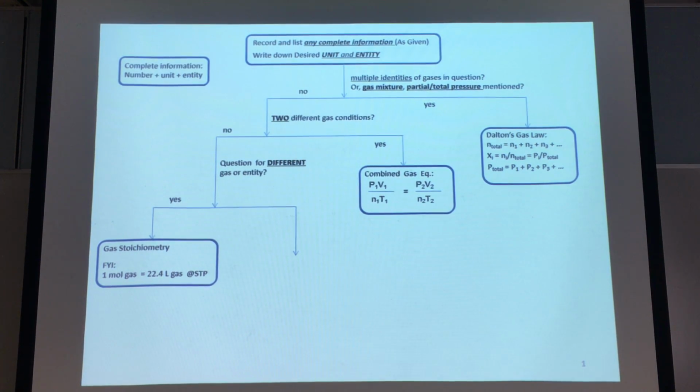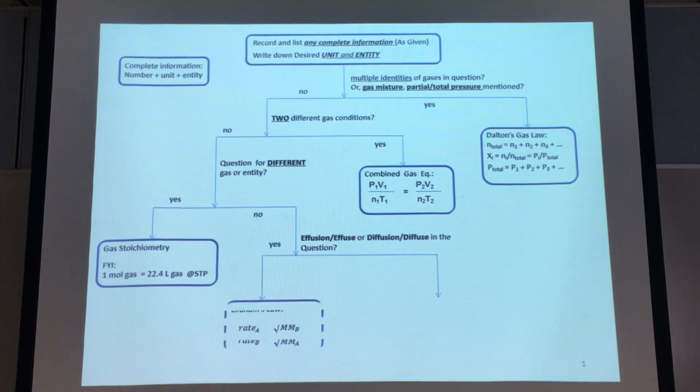Well, what about no for different gas and entity? Then we need to look for words like effusion, diffuse, or diffusion, because those words give us a clue that the question should use the equation from Graham's law.